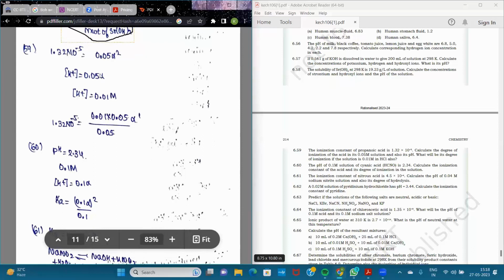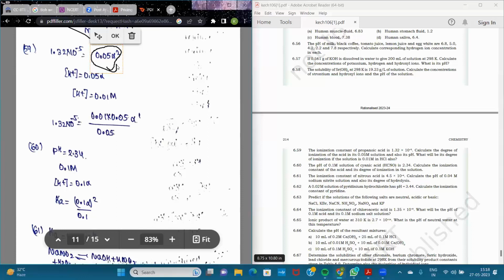Here alpha is small and negligible, so we neglect it in the denominator. We directly write K equals C alpha square. From that we'll get the value of alpha, and from that we get the concentration of H plus as C alpha, that is 0.05 into alpha here. We'll find the pH from that relation.